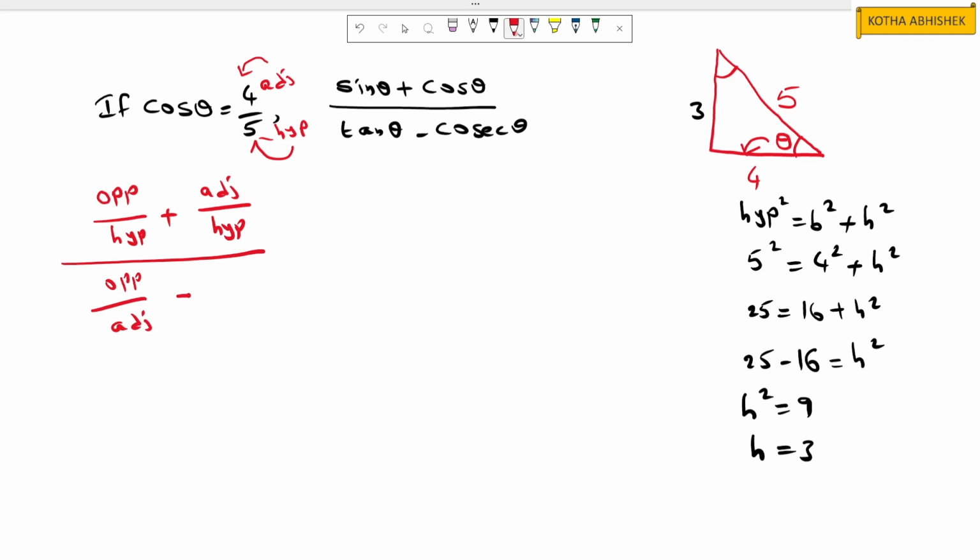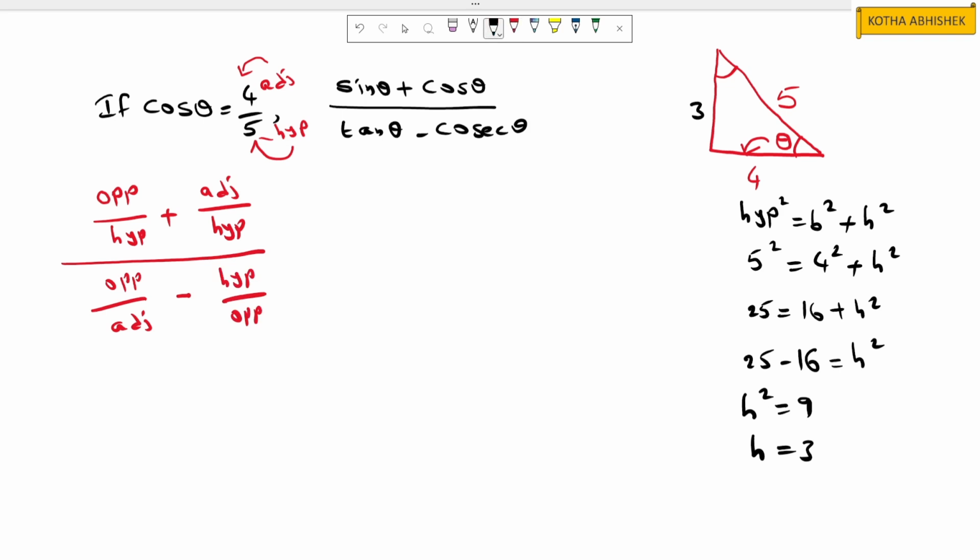Actually this cosec theta is the reciprocal of sin theta, right? Sin and cosec are reciprocals of each other. So sin theta formula is opposite by hypotenuse. Then cosec theta will be its reciprocal, that is hypotenuse divided by opposite.